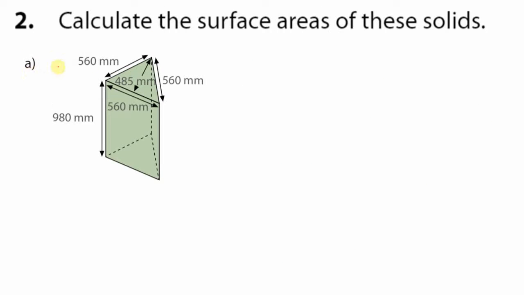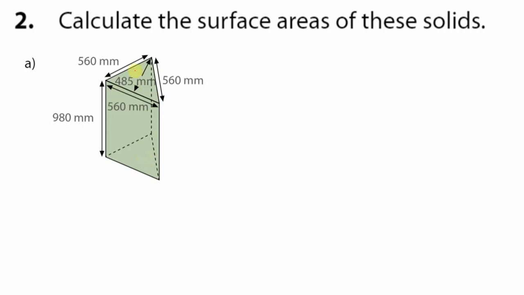So let's look at number 2a now. In this case, we have 2 congruent bases connected by rectangular lateral faces. So this must be a triangular prism. So the top and the bottom will be the same. So we can calculate the area of the triangle and multiply by 2.